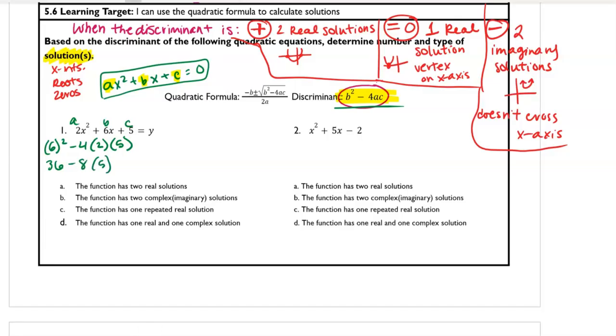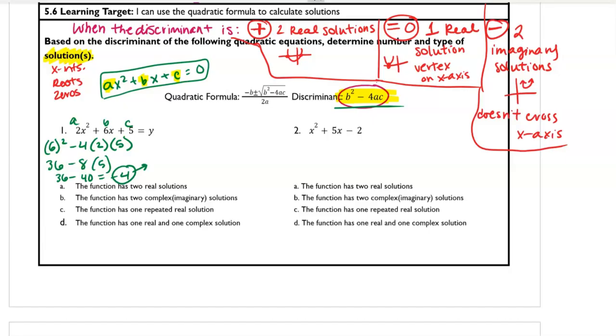And 8 times 5 is 40. So 36 minus 40 is going to give us a negative 4. And the negative tells us, we just wrote it up here, if your discriminant is negative, you have two imaginary solutions, which means it does not cross the x-axis.